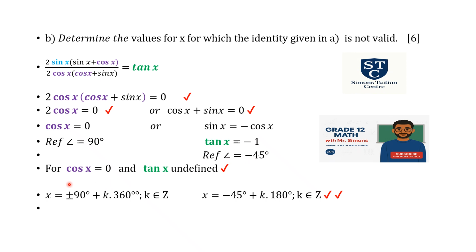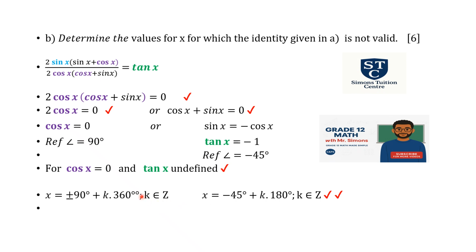Right, so in short, for when cos x equals 0 or tan x is undefined, my identity is not valid. So there, for cos, I can say plus minus 90. So cos is positive. We take the 0 as positive in first quadrant or in fourth quadrant. All right. So therefore, plus minus 90 plus k times 360, k element of integers.